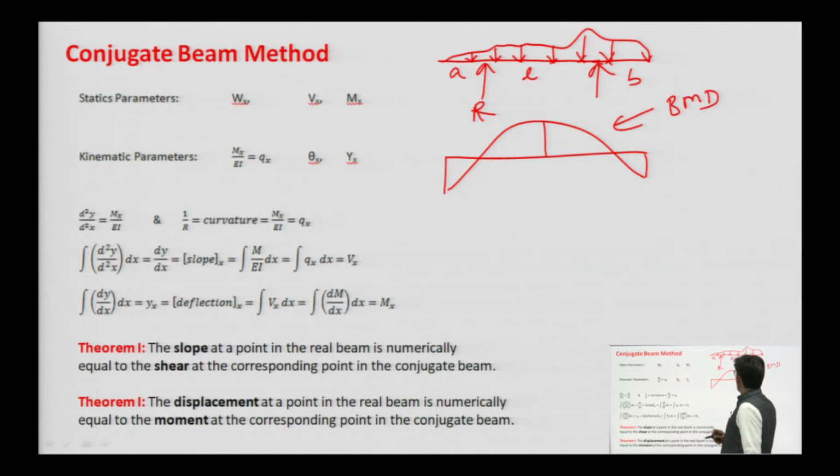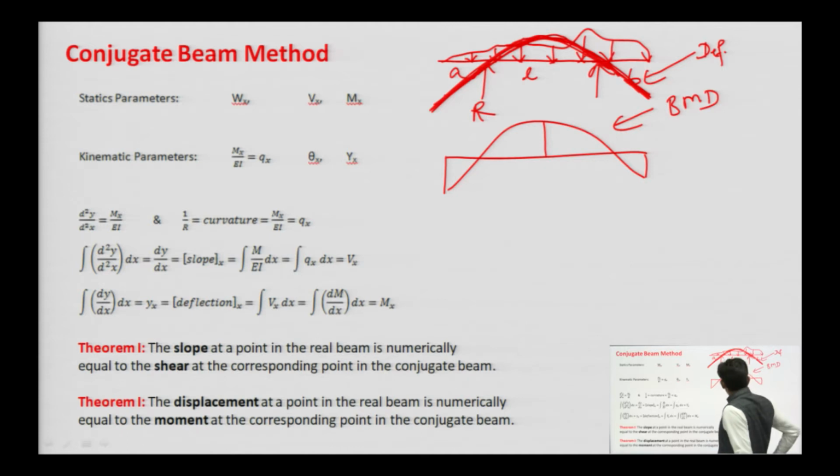Depending upon this bending moment, this beam is going to deflect in this manner. This is the deflected shape, the displaced shape.